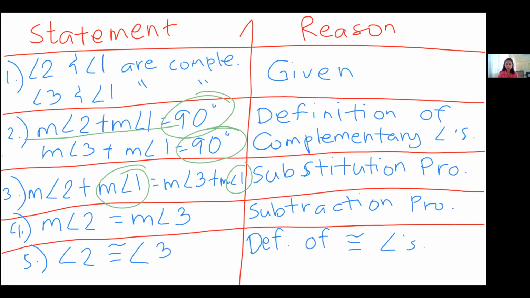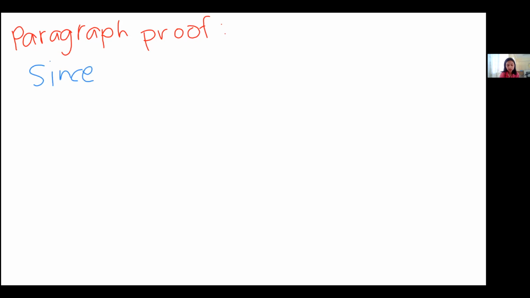So, dun tayo sa next, sa ating paragraph proof. So, same given pa rin po tayo, same pa rin po tayo ng ipoproof. Paragraph proof. Okay? So, dito naman kay paragraph proof, masasabi natin that since angle 2 and angle 1 are complementary, ayan, dito base pa rin to sa given.